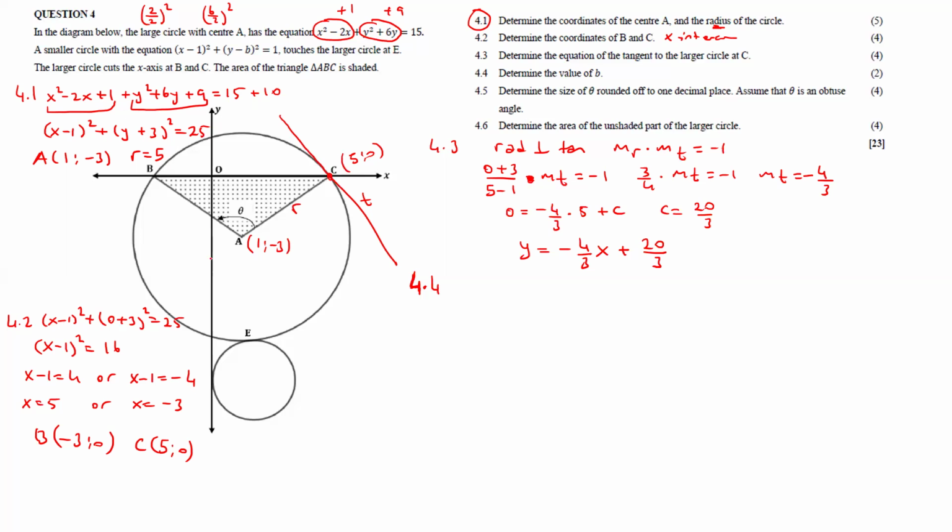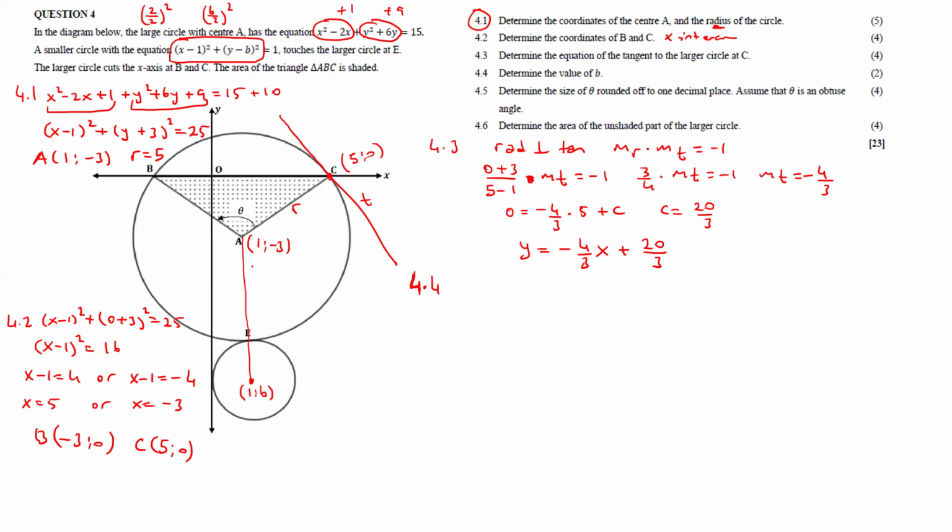Since these two circles touch each other externally, when I draw the radius AE and the radius from E to the center of this circle here, the coordinates of this circle are 1 and b. I can tell from the equation that the coordinates of the center will be 1 and b.